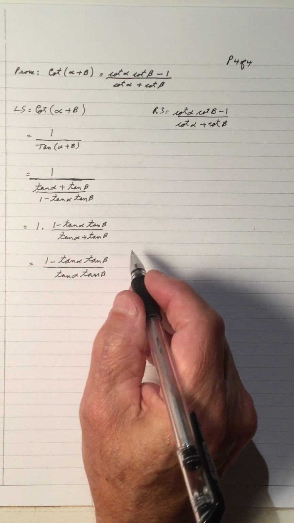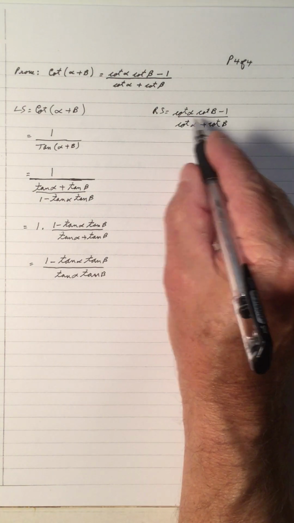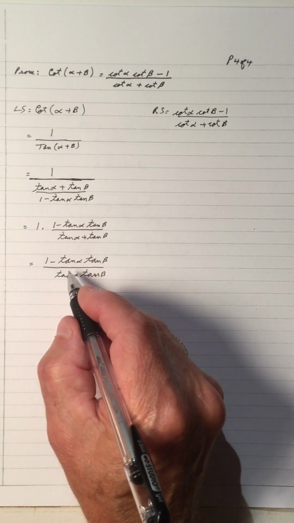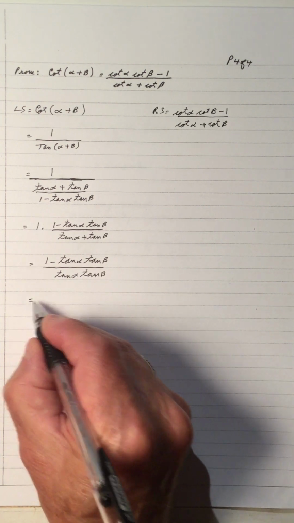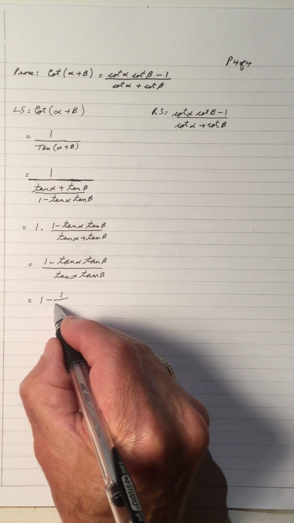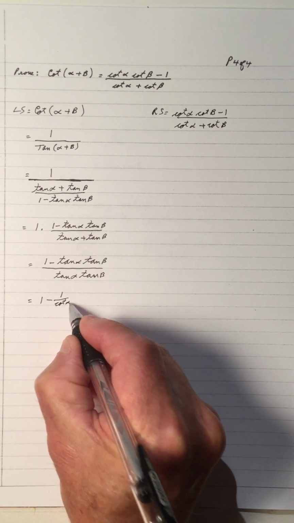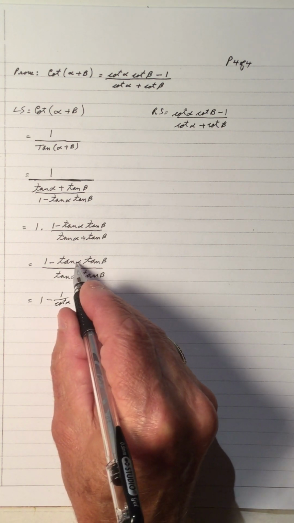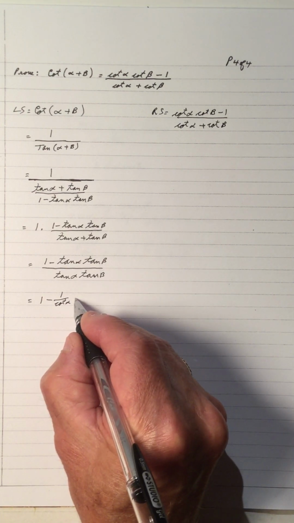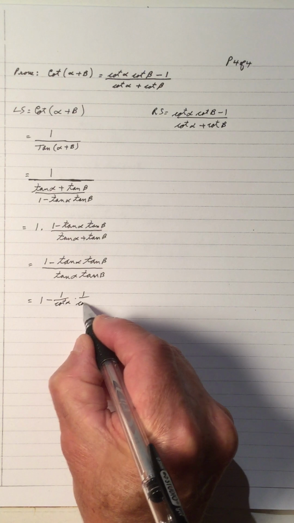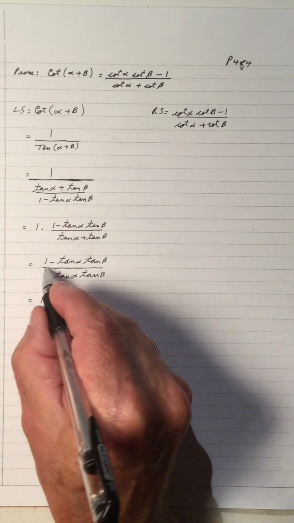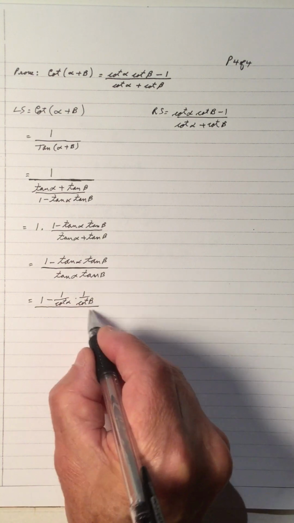But we need the reciprocals. We need cots instead of tans. So tan is 1 over cot. Tan alpha is 1 over cot alpha. Tan beta is 1 over cot beta. Draw this long line here. There it is.